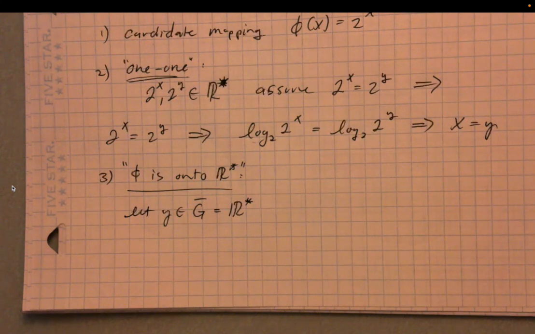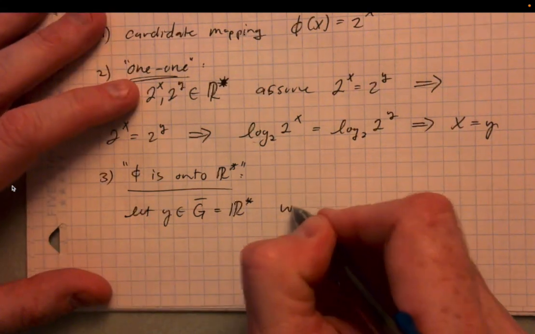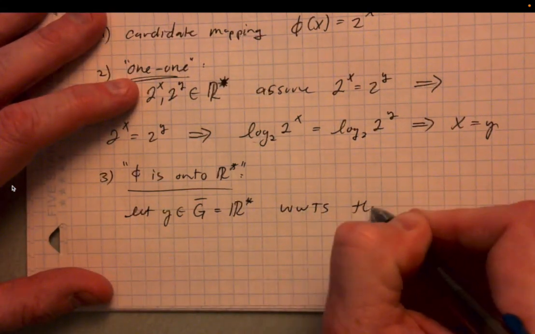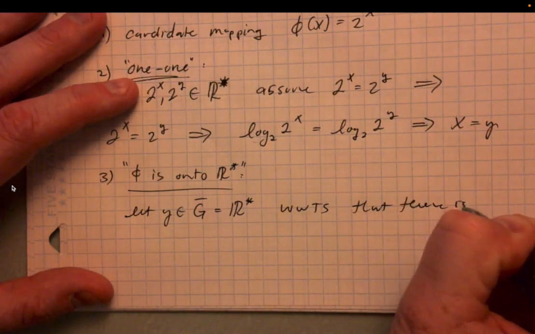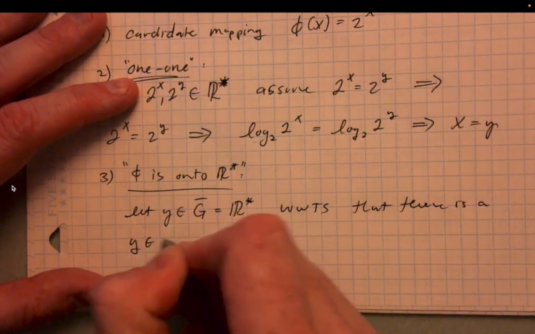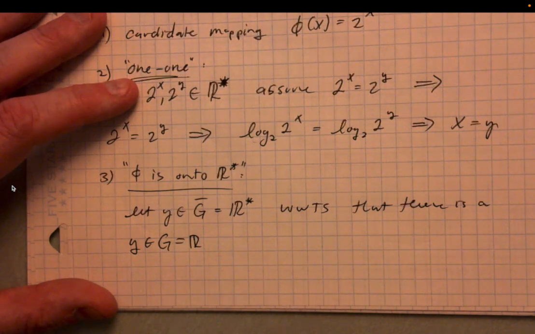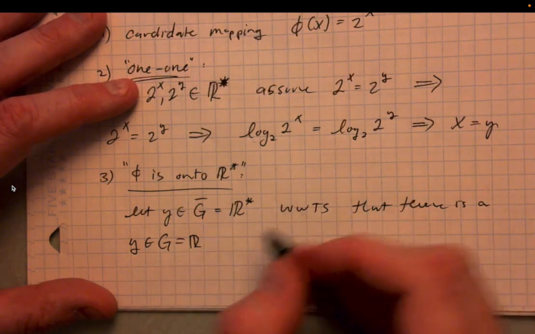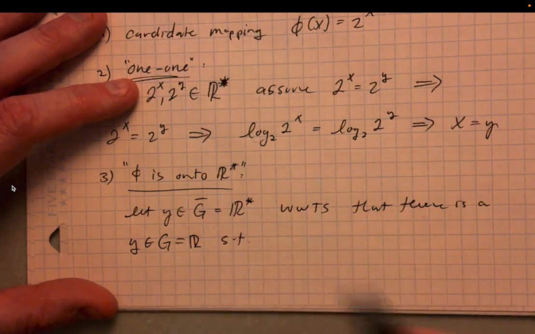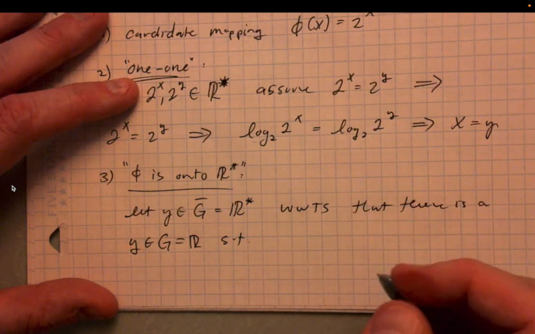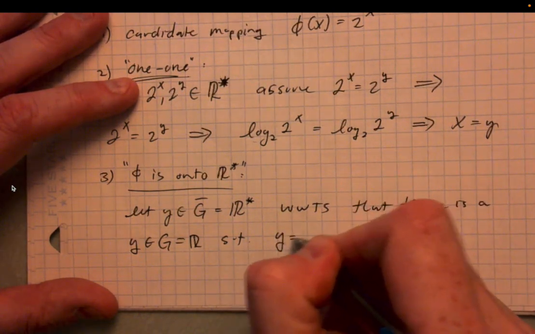I'm moving between notations here; hopefully you're okay with that. Then we need to show that there always exists some x in G, which is R, such that y is equal to 2 to the x.